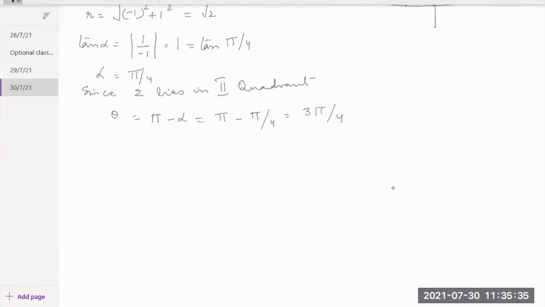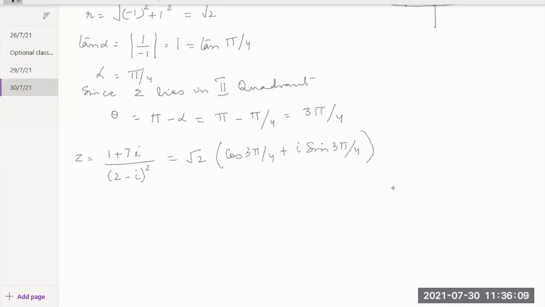So now, if I have to write my z, which was given to me as 1 plus 7i, I'm not writing the simplified version of it. I'm writing the original complex number which was given to me. So this will be expressed as root 2, and r cos theta would be cos 3 pi by 4 plus i sine 3 pi by 4.